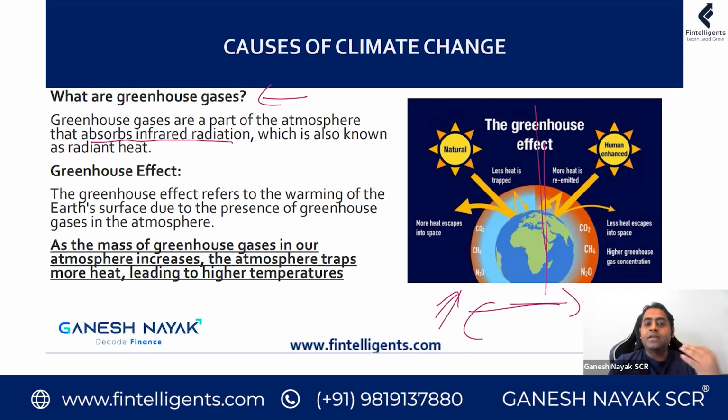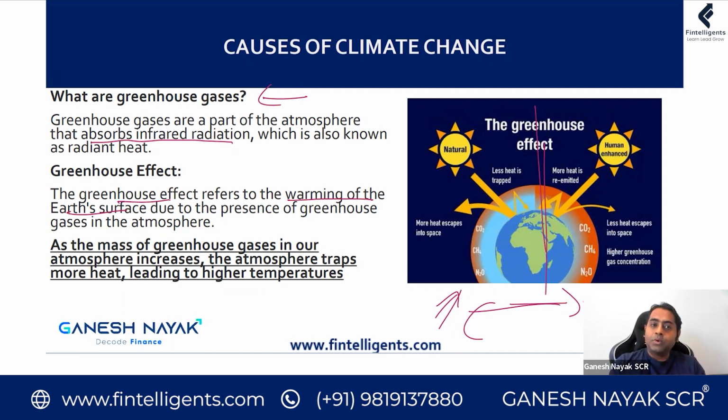So whenever there is higher greenhouse gas concentration in your atmosphere or climate, it essentially means that the heat which is coming towards the earth will stay within the earth's atmosphere, and it will warm up the climate of the planet. So the greenhouse effect primarily means the warming of the earth's planet surface, and this is happening because of the greenhouse gases.